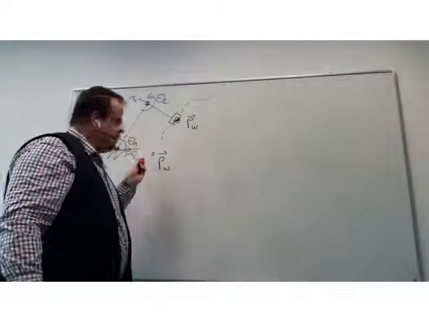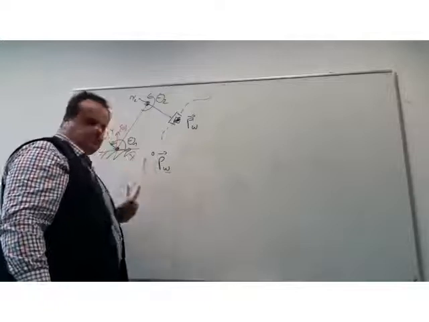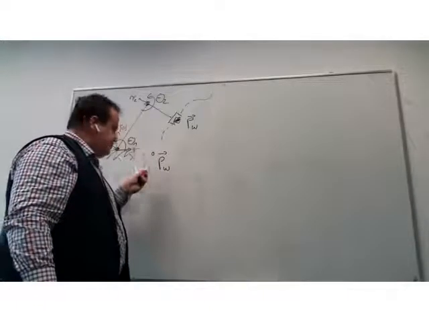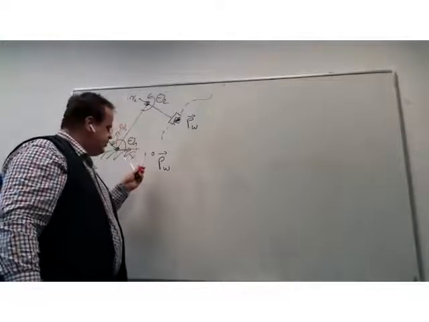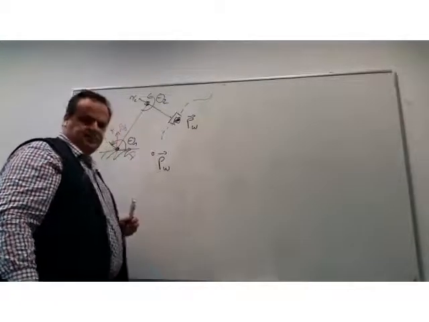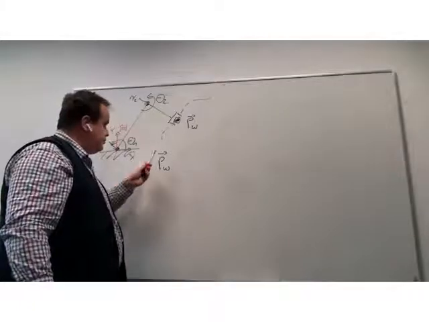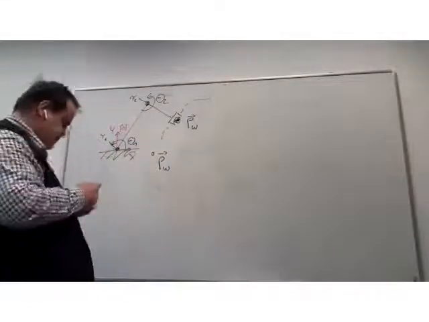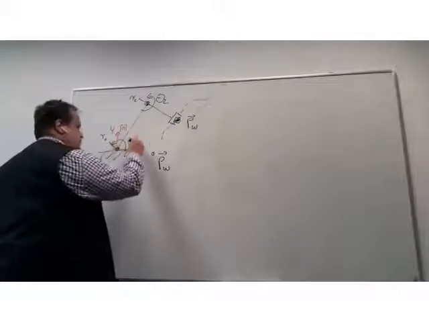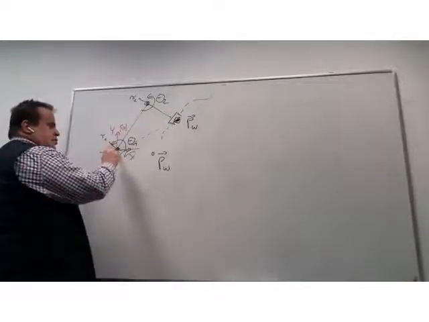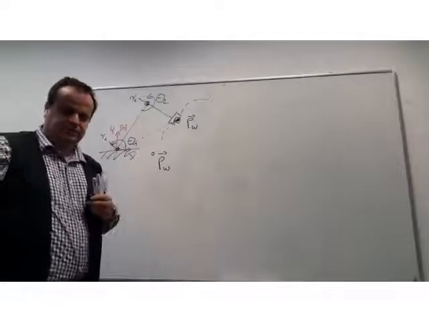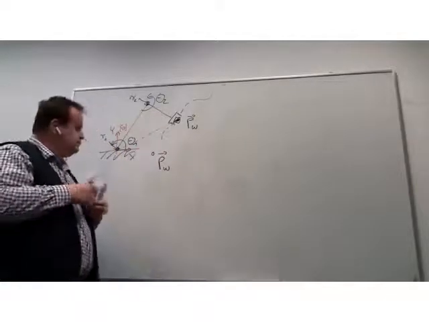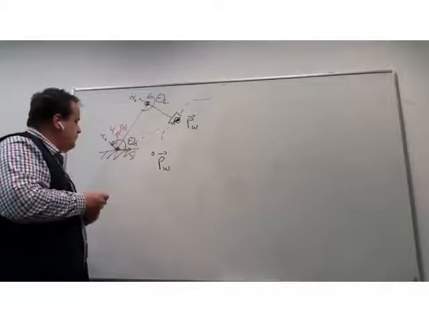We note that we will always write the index at the top left, which is the frame in which the vector is defined. In this case, the vector PW. The vector PW is just a connecting vector between the origin of the coordinate frame and the point which we are observing.